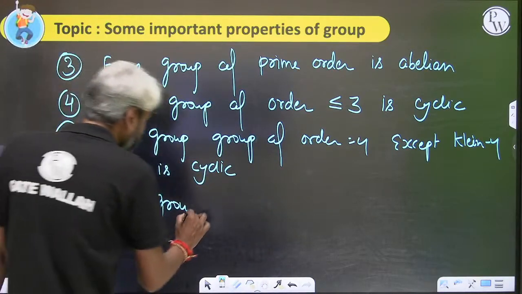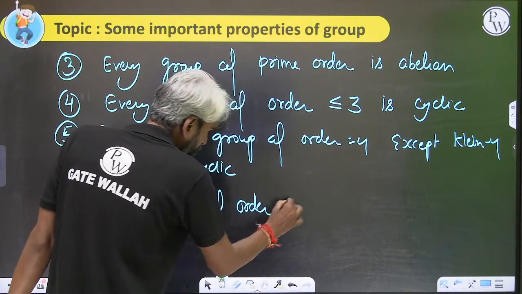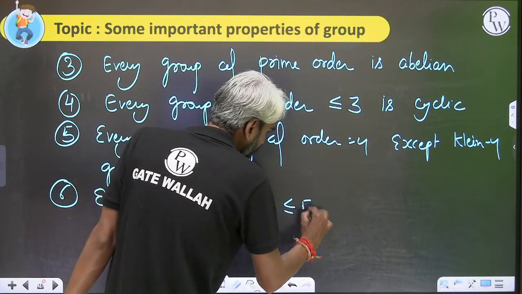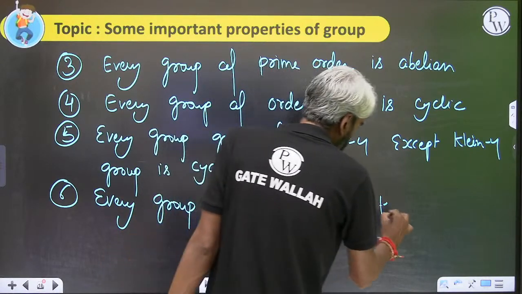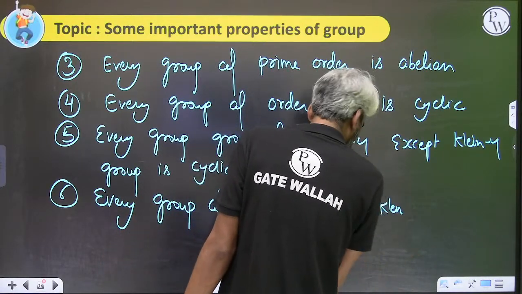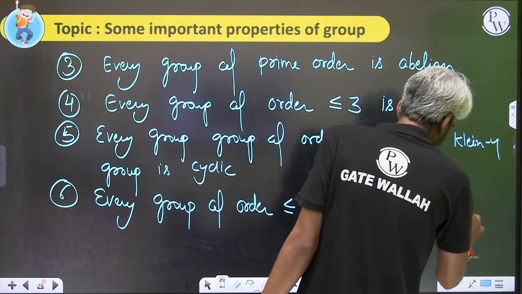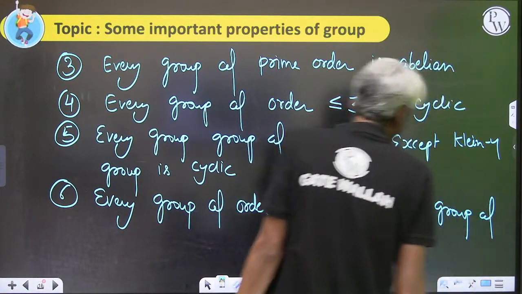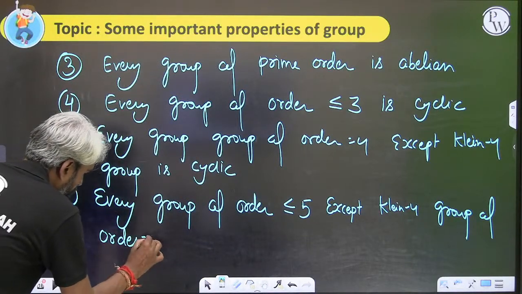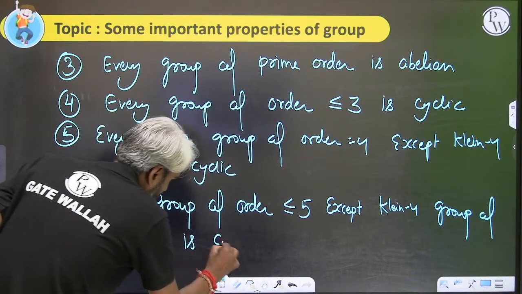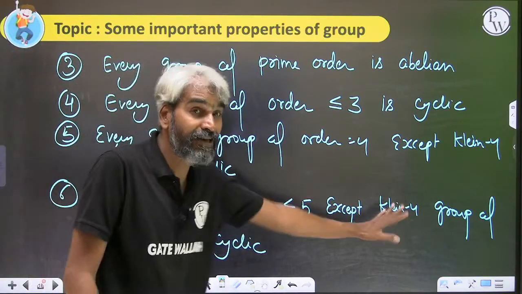So every group of order less than or equal to 5 except C4 group of order equal to 4 is cyclic, and we know that every cyclic group is abelian.